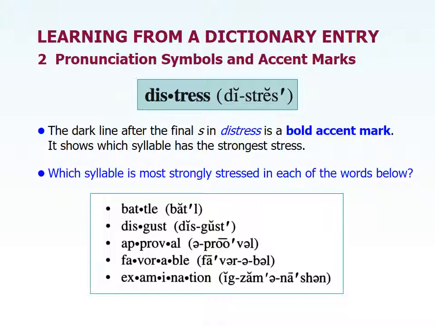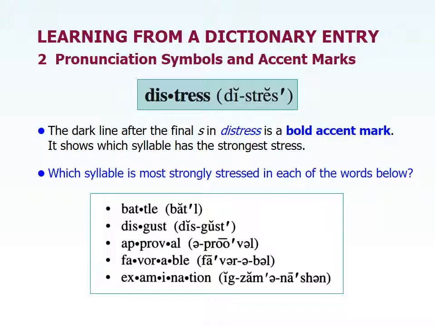But if we look down at these words at the bottom, we have battle that's got two syllables, and we see that the apostrophe is after the bat, which means the stress is on the first syllable. In the second one, disgust, the accent is on the second syllable. Approval, the accent is on the second syllable. Favorable, the accent is on the first syllable.